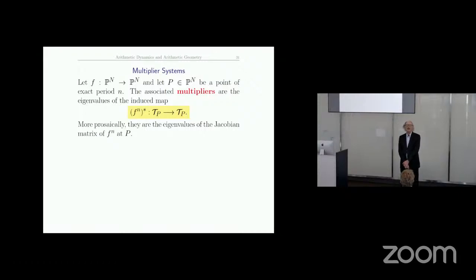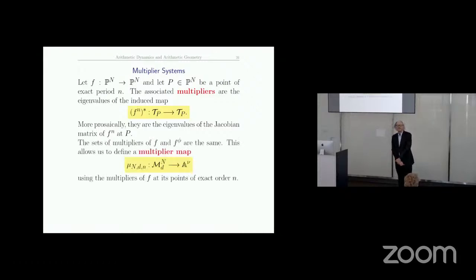Well, if you take a point P of period n for your map, then f to the n fixes the point P, so it maps the tangent space at P to itself. The tangent space is a vector space, f to the n lower star is a linear transformation, so you get eigenvalues. And you can just look at the eigenvalues of that map, or the eigenvalues of the Jacobian matrix. It's fairly elementary to define.